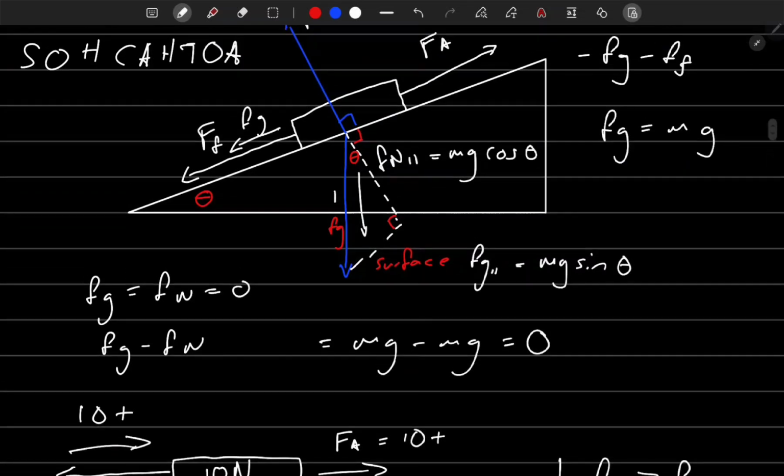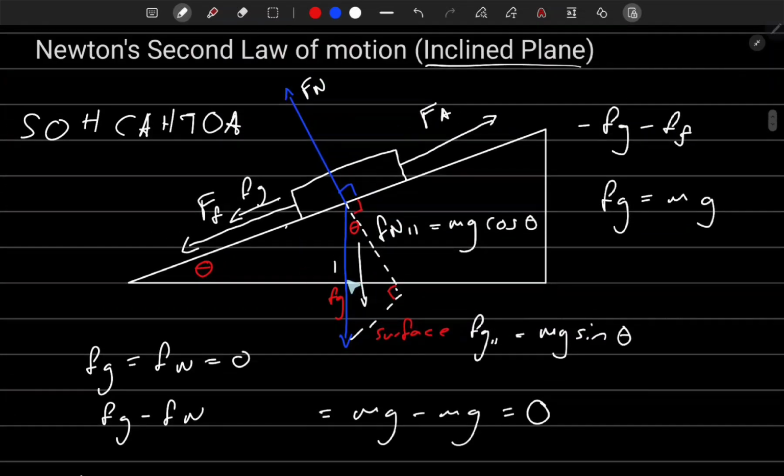So here is our diagram. We have to calculate the parallel gravitational component, which is mg sine theta, and the parallel normal force component. Because the normal force is applied at an angle, we cannot just take mg as the normal force, and the object's mass has an impact on how much force the surface needs to apply onto the object.